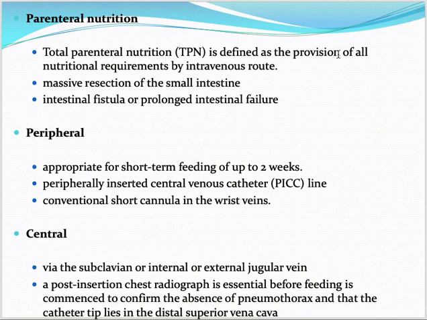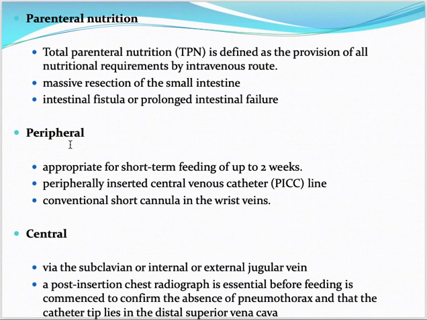It is defined as the provision of all nutrition requirements by intravenous route. For example, someone who has massive resection of small intestine or intestinal fistula. Now, whenever we give parenteral nutrition, there are two ways. One is peripheral, one is central. Peripheral is a peripheral line which is placed.